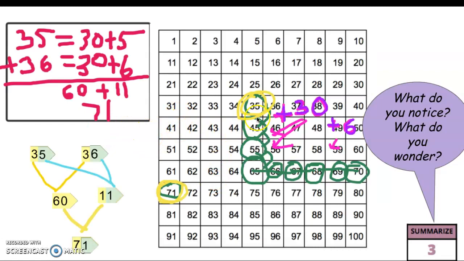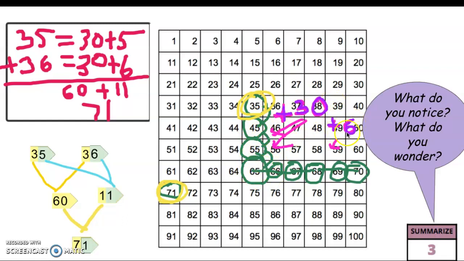I can also use a hundreds chart. I started with 35 and I can skip count to add the 36. I can add 10, that's 45, another 10, that's 55, another 10, that's 65, and that's 30.